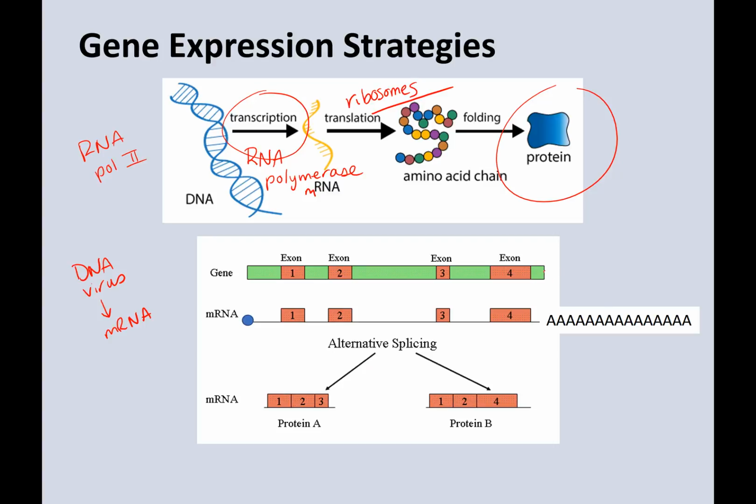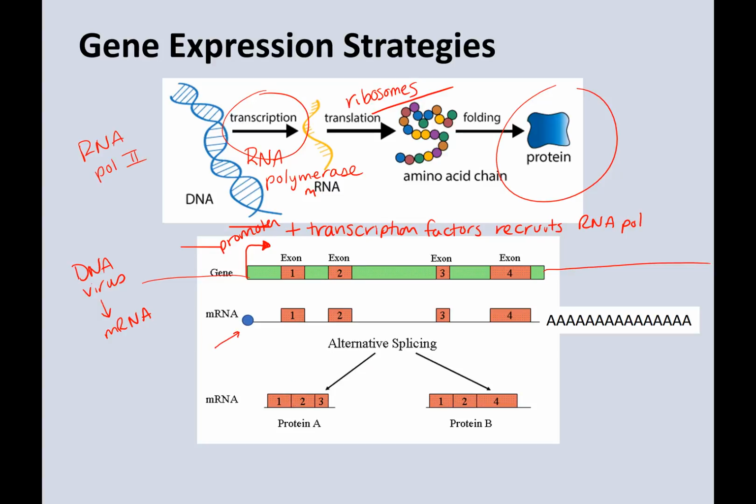And remember, on a long chromosome of DNA, you'll have thousands of genes, and there's a promoter that, along with transcription factors, recruits the RNA polymerase. And then the RNA polymerase copies one strand of the DNA.